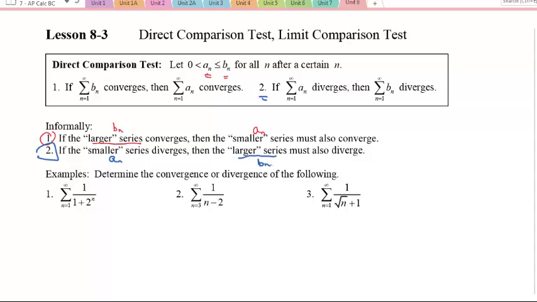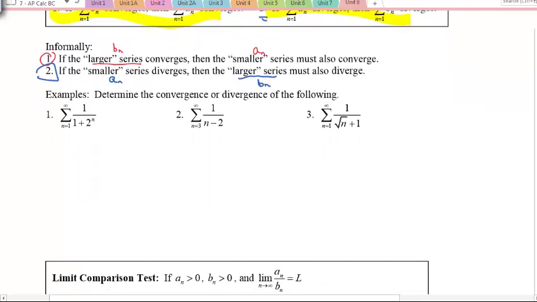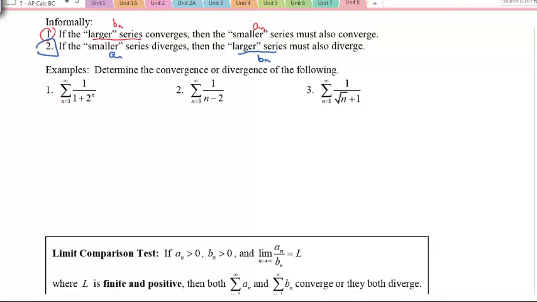Make sure that it's bigger for all the values or smaller than all the values, and then do a quick test on that alternate series, and from there decide if it converges or diverges based on either number 1 or number 2 in the test above here. So number 1 or number 2. Okay, so let's take a look at example number 1 and we can solidify this idea.